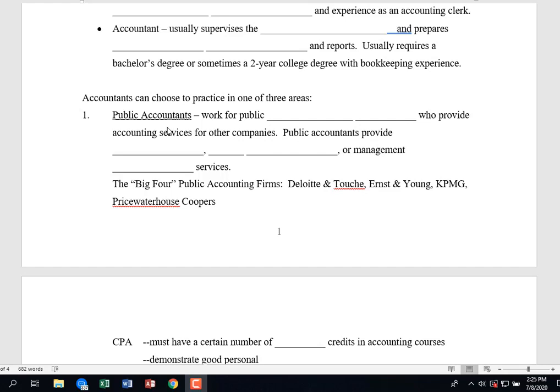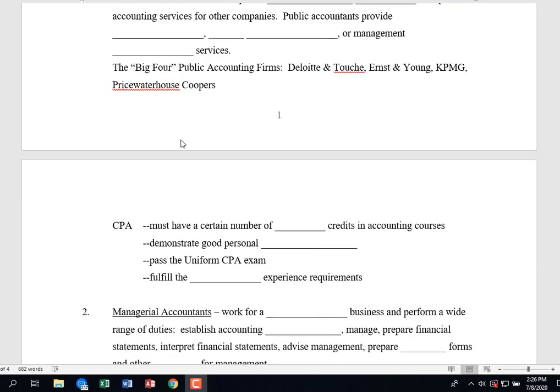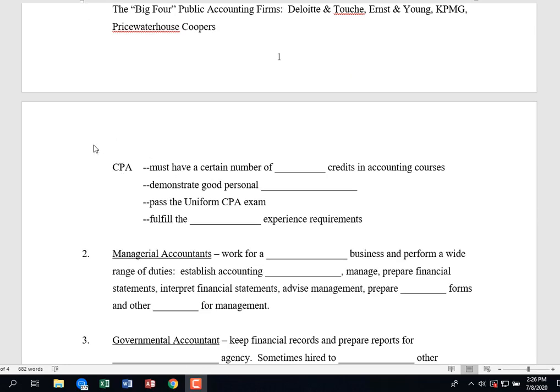All right. So if you want to be a public accountant, you have to become certified. And to do that, you want to earn your CPA credential. To become a CPA, a certified public accountant, where you can do accounting for other businesses or for individuals, you have to have a certain number of college credits in accounting courses.